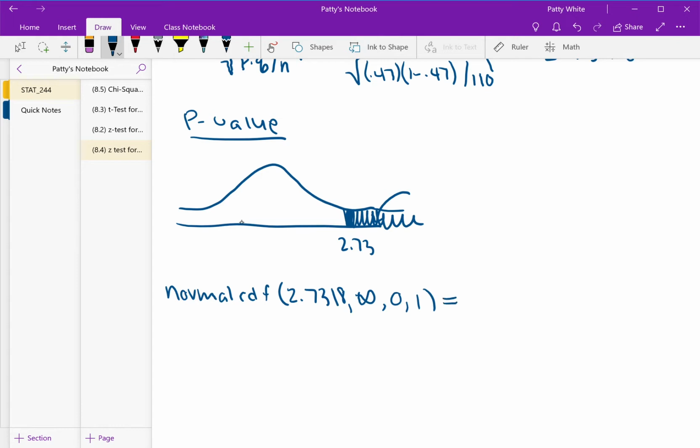So again, I'm going to go second distributions, normal CDF, 2.7318. My upper limit is infinity.